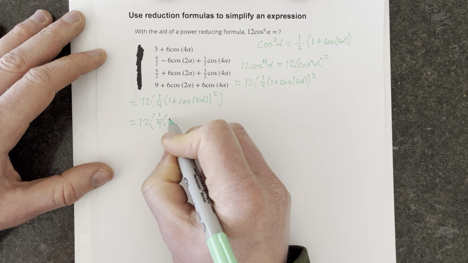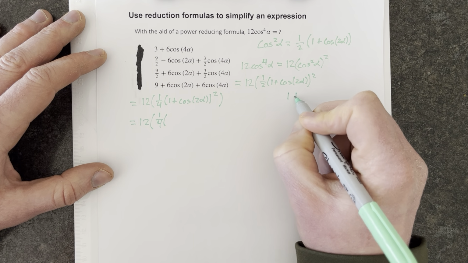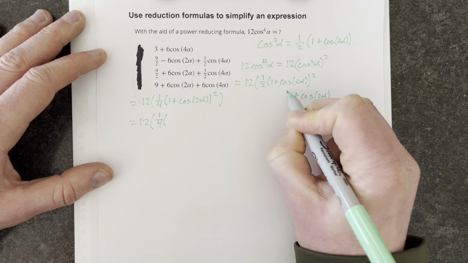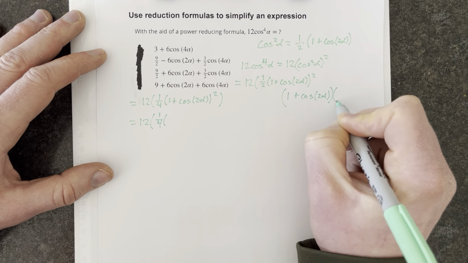So if I square this, I'm going to write it out here: 1 plus cosine of 2 alpha times itself. When I multiply that, 1 times 1 is 1. 1 times cosine 2 alpha, I get plus cosine 2 alpha.